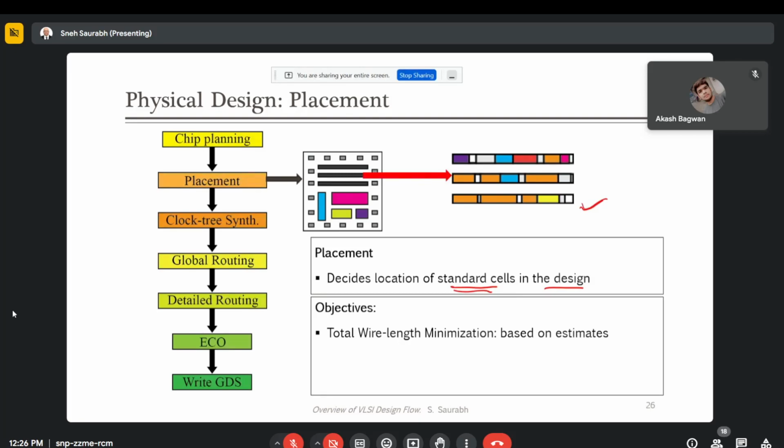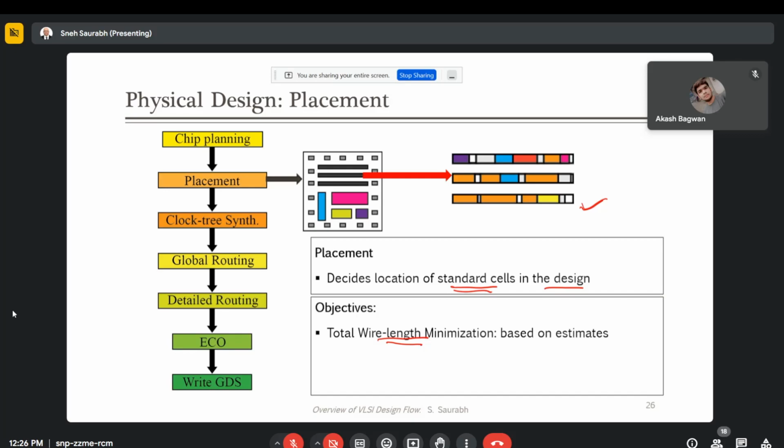The objective is to reduce the wire length, right? We want to reduce wire length in making connections. So why do we want to reduce the wire length? One of the major reasons is that longer wires have higher capacitance and will show more delay for a signal to propagate from one end to the other, right?